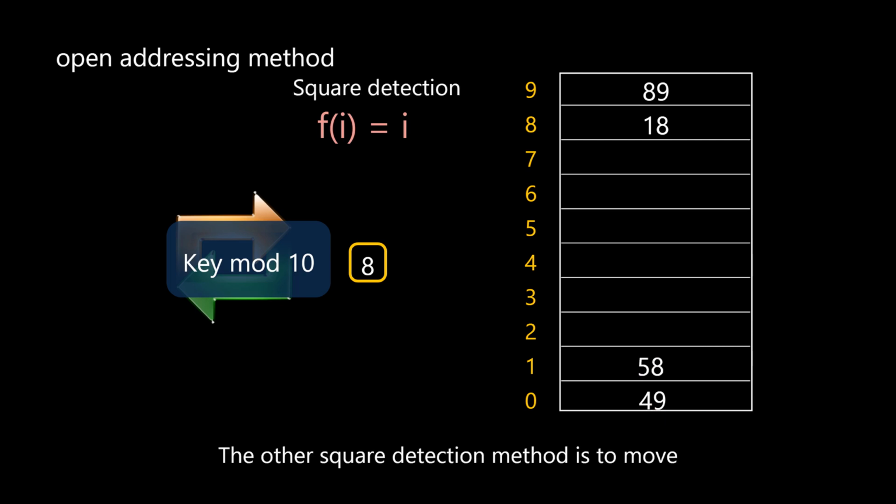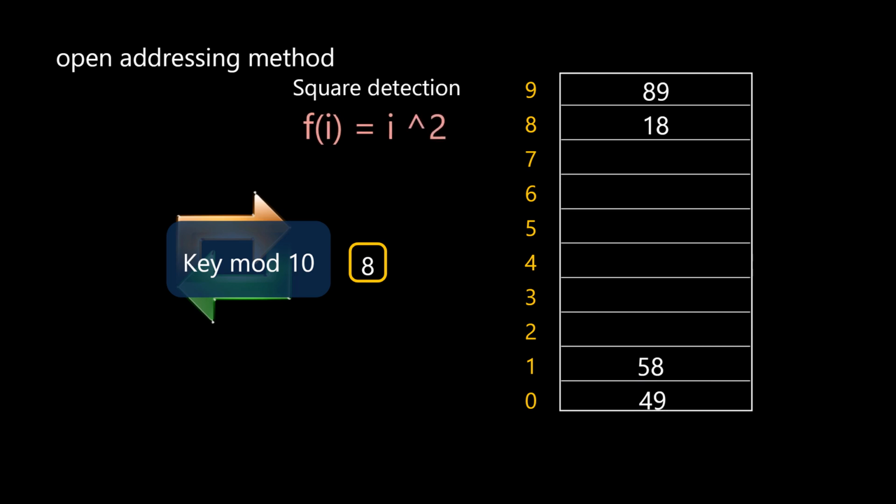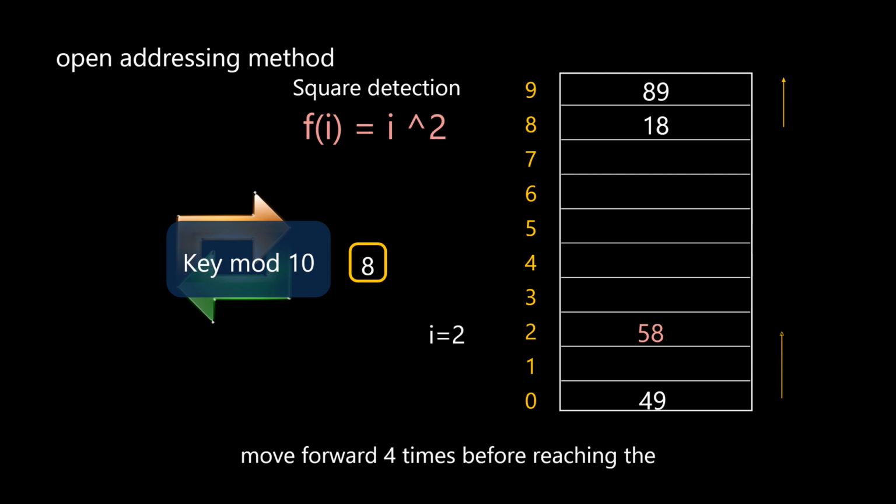The other method, quadratic probing, is to move forward according to f(i) = i squared. Then the distribution in the table becomes like this. Among them, 58 is on the second attempt, that is, when i equals 2, it moves forward 4 places before reaching the empty position.